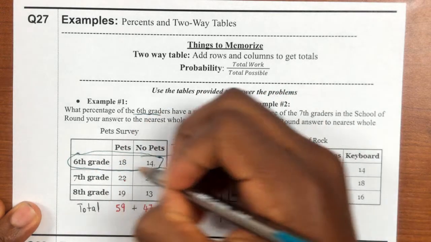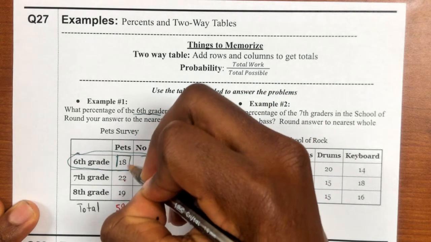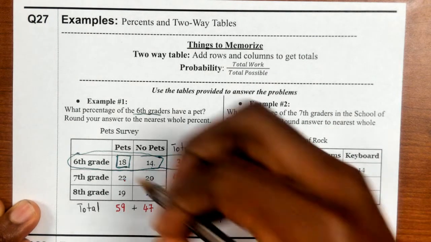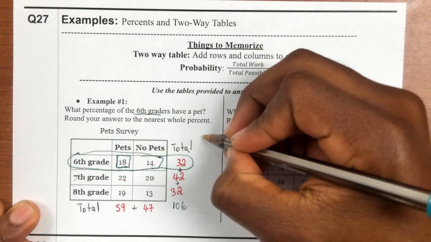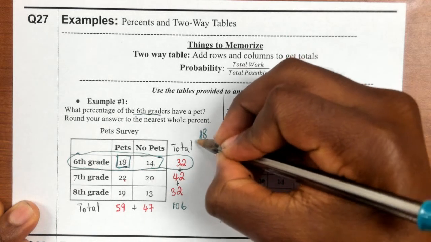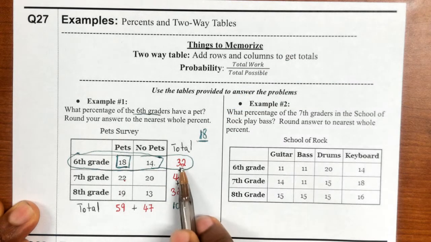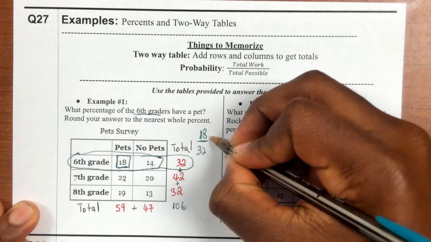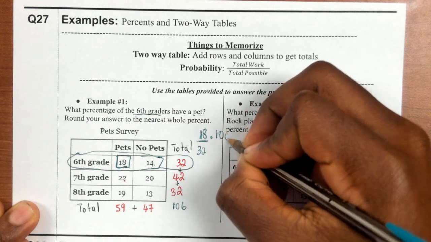I see that of sixth graders, there's 18 of them that have a pet. So what I'm going to calculate is what percentage have a pet, which is that 18 over the total amount of sixth graders that we have, which is 32, and then multiply that answer by 100.